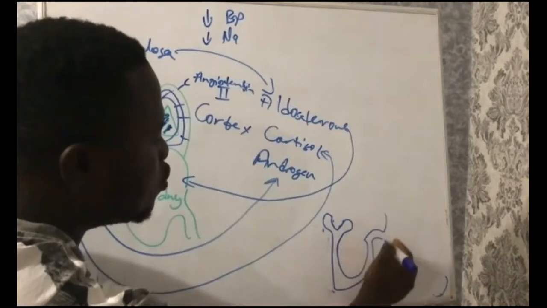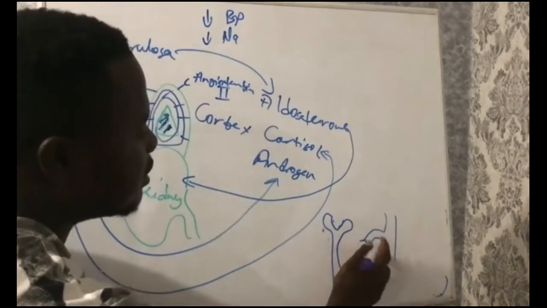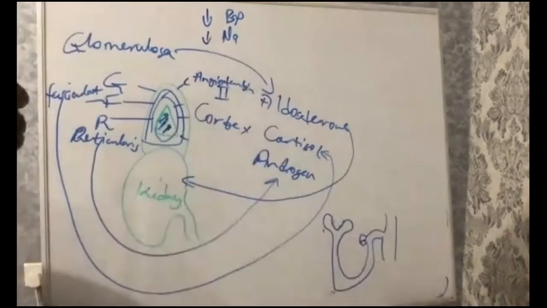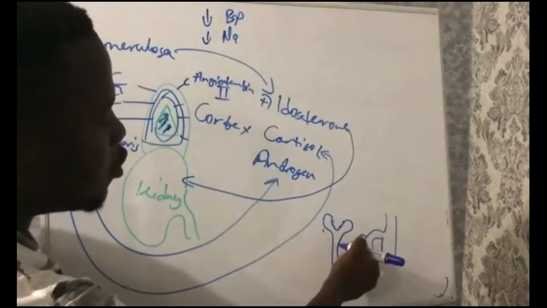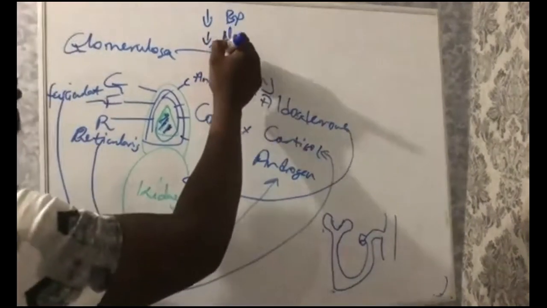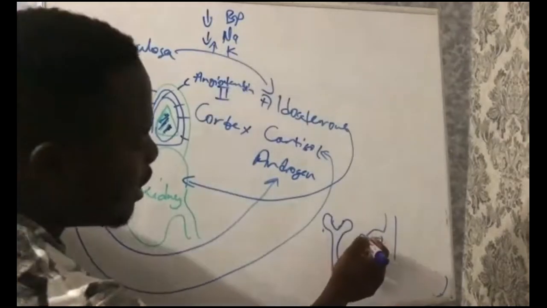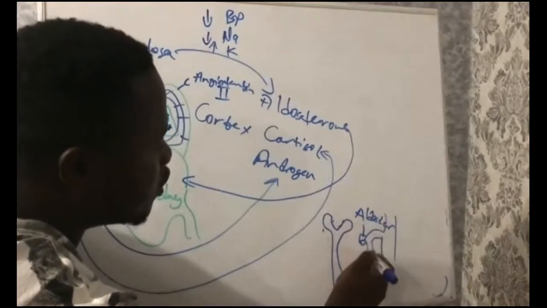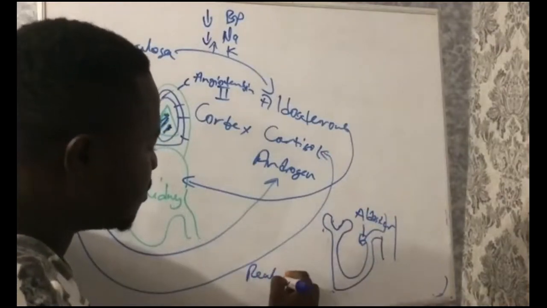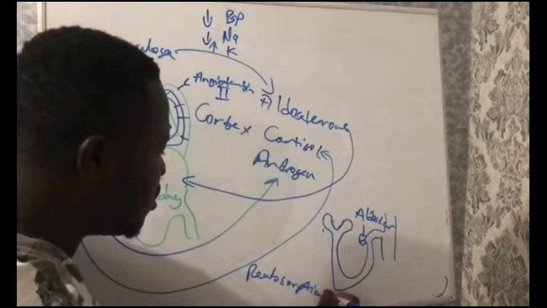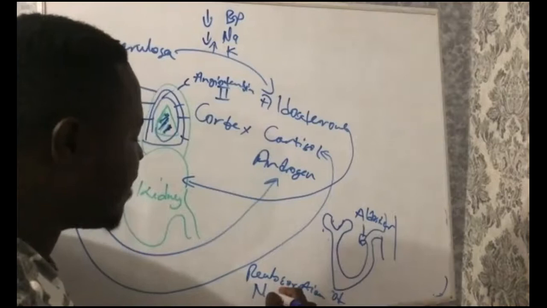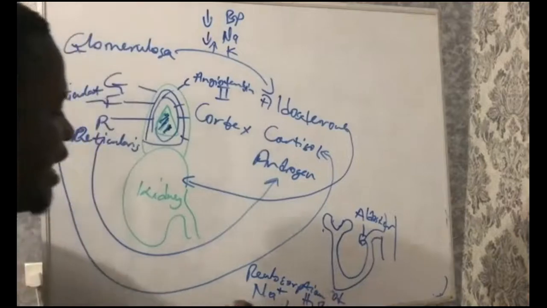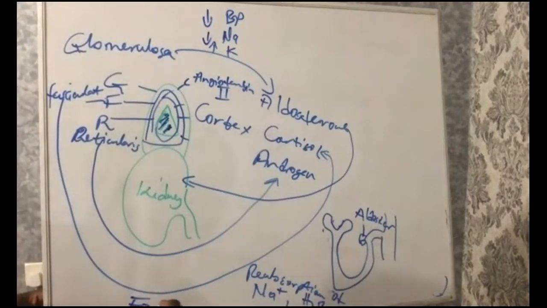And over there, it tells the cells that look, there is low sodium, so please let me reabsorb sodium and get rid of potassium. So normally potassium will be high. Here, aldosterone will come and cause what? Reabsorption of what? Sodium. And wherever sodium goes, water will follow. And then it will cause excretion of what? Potassium.